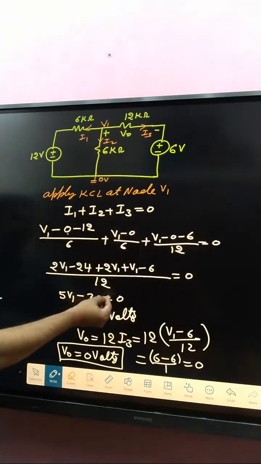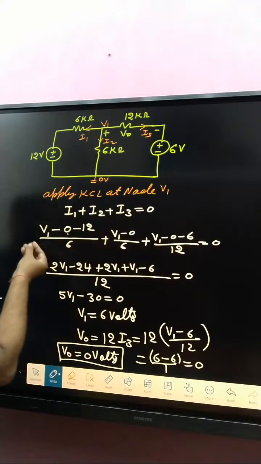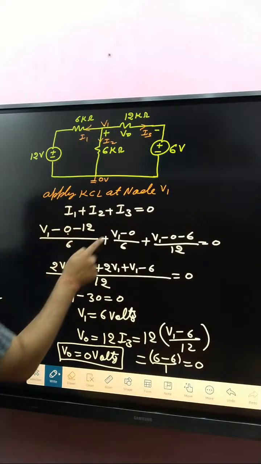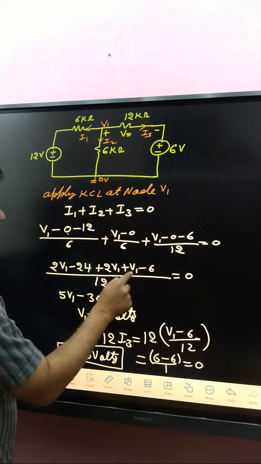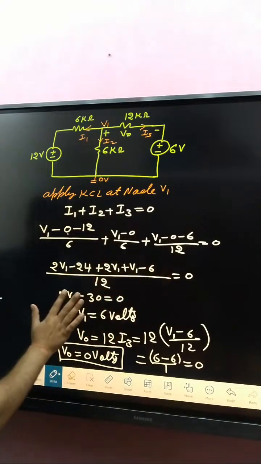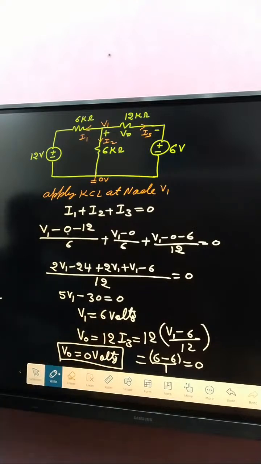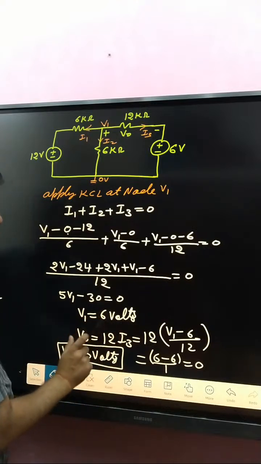After this, simple mathematics: take the LCM, that is 12. Multiplying, we get 2V1, here 24, here 2V1, that is V1 plus minus 6, equal to 0, divided by 12. After solving, we get V1 like that. Our motto is to determine V naught.